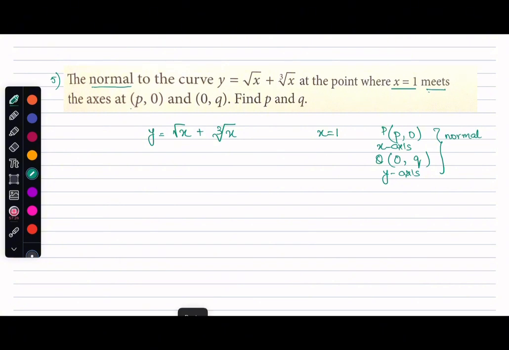To do that, I should first have the derivative of the curve equation, and the curve equation here is y equals x to the power 1 by 2 plus x to the power 1 by 3. If I get the derivative, dy by dx, it's 1 by 2 x to the power 1 by 2 minus 1, and 1 by 3 x to the power 1 by 3 minus 1.